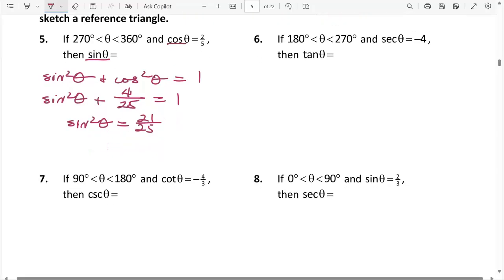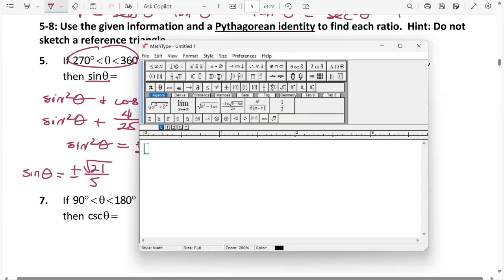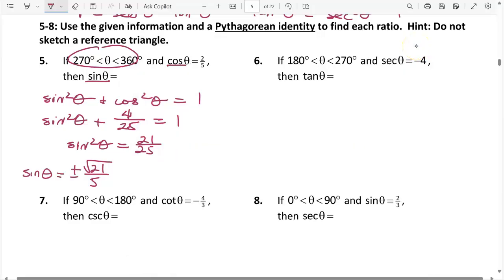And that means that sine of theta is equal to either plus or minus the square root of 21 over 5. That being said, our theta value is between 270 and 360. That means it's a quadrant 4 angle, and in quadrant 4, sine is negative, so based on that, sine is negative square root of 21 divided by 5.